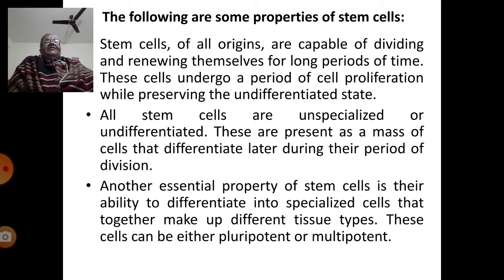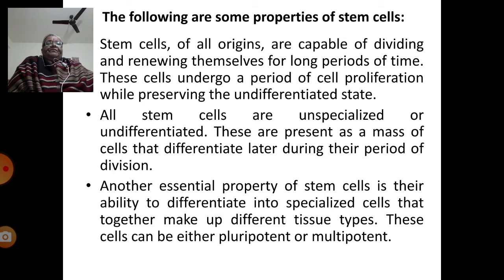They don't differentiate, but they proliferate. Then these cells are unspecialized or undifferentiated, and they are simply present as a mass of cells which differentiate later during the period of division.